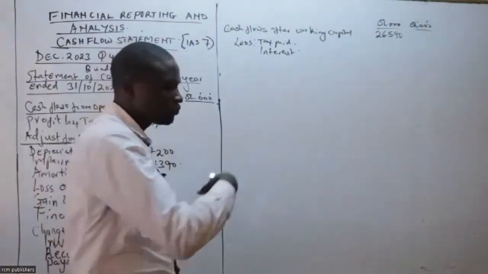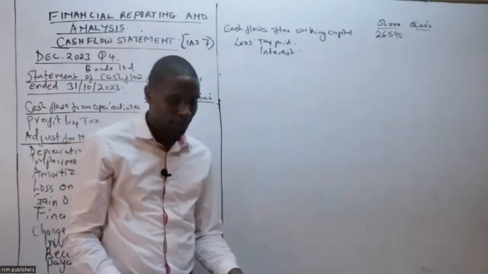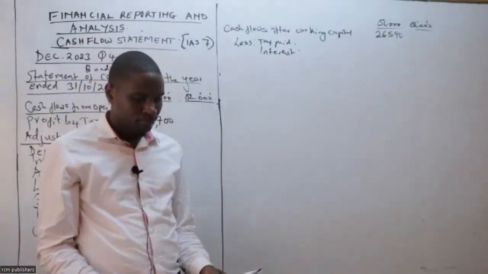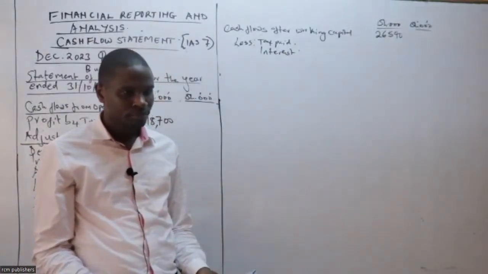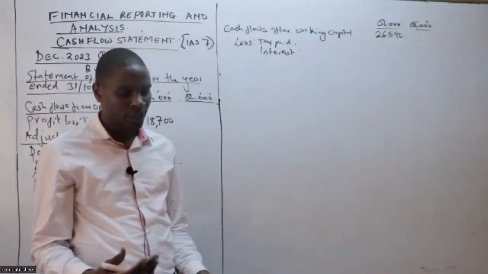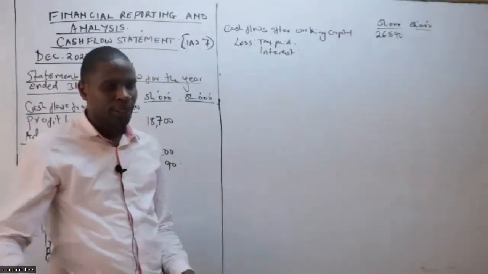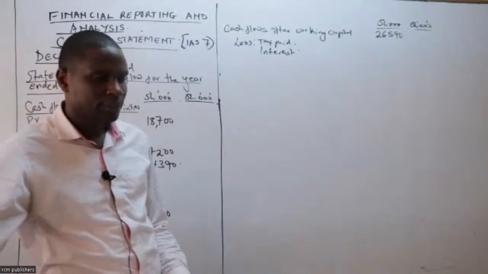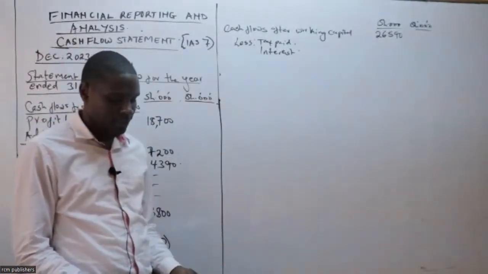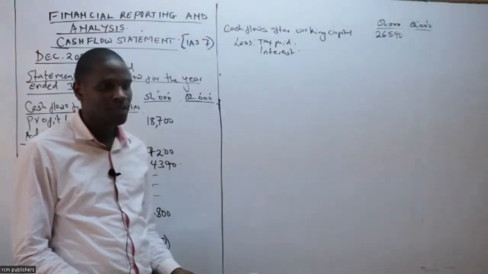I want us to finish up with this and move to the next one, because the working for the tax will require us to take a few minutes. So if you can remember, or those who are available, can give us. But if you cannot remember, we can as well do it.